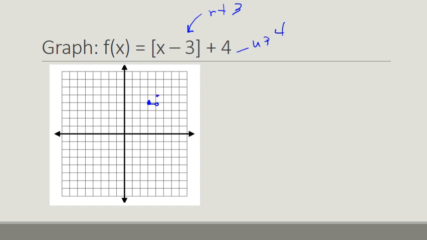And then I'm just going to keep going up by 1, all the way through the graph. Because there's no line to say keep going, we have to graph it all the way through.